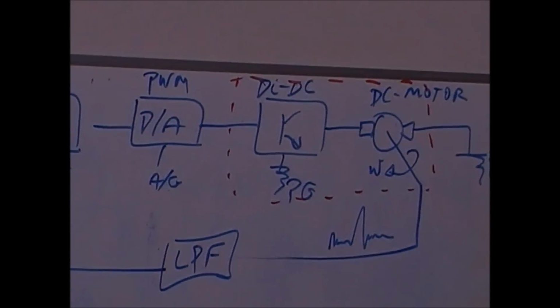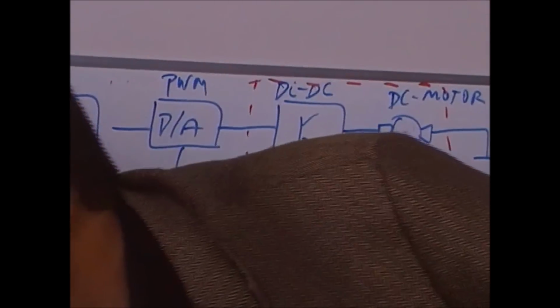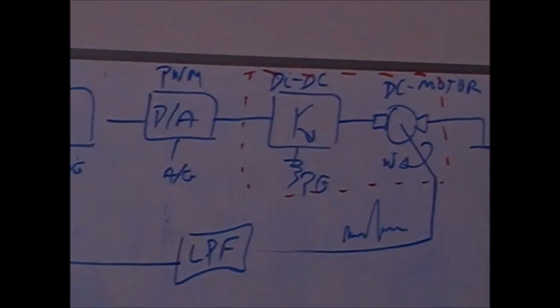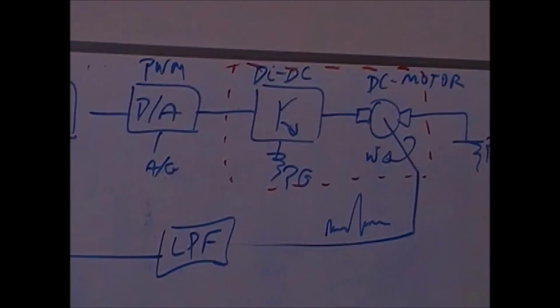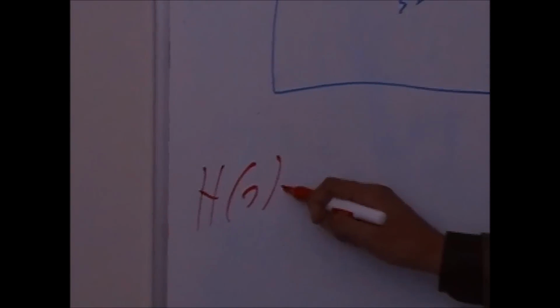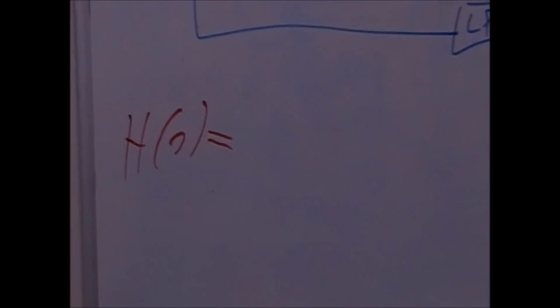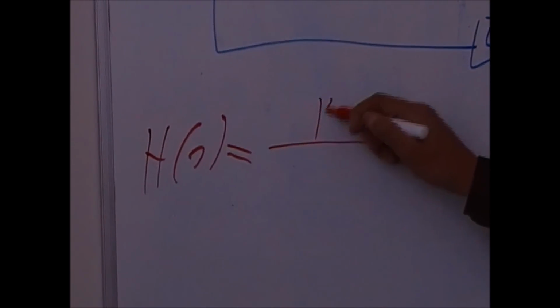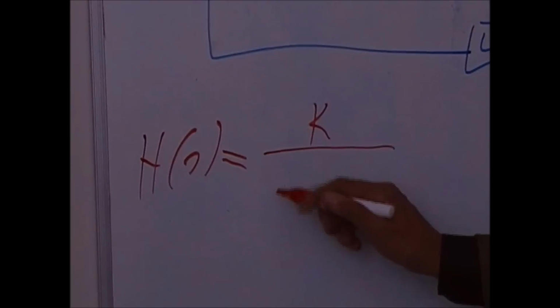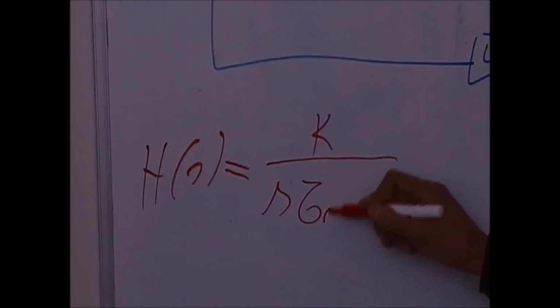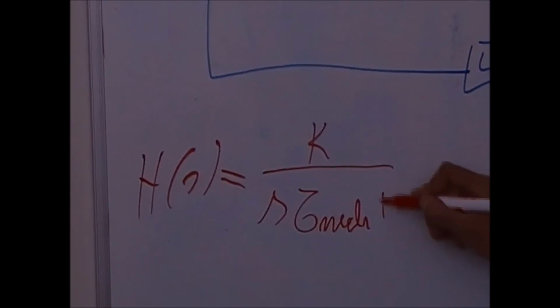I'm not going to go into the mathematics for the system, but this system here, I'm going to put it in red. It is normally modeled by something like this. That is one possible model; we may have other ways to model it. A first order model would be something like this: K over s tau_m plus 1.